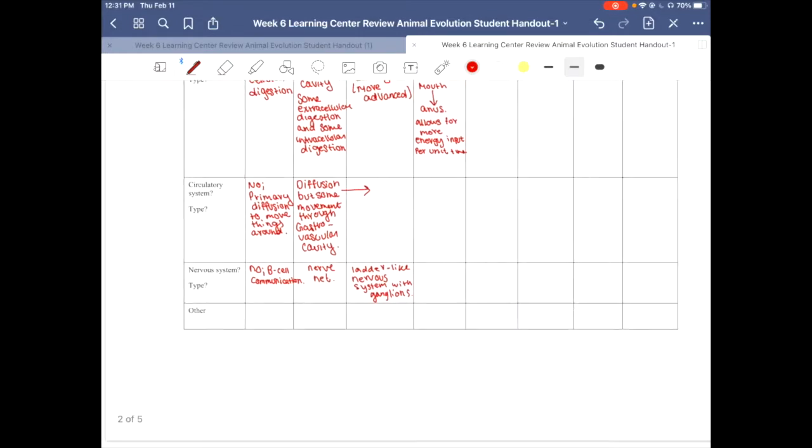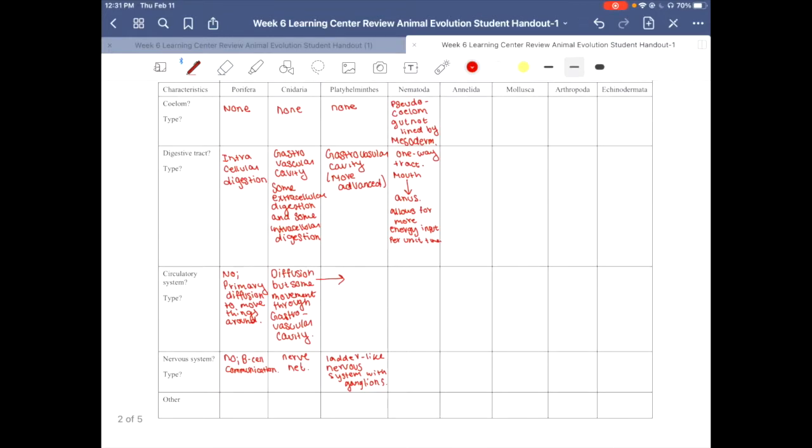So we're actually seeing circulation through fluid. And we're also going to be seeing lateral nerve cords.